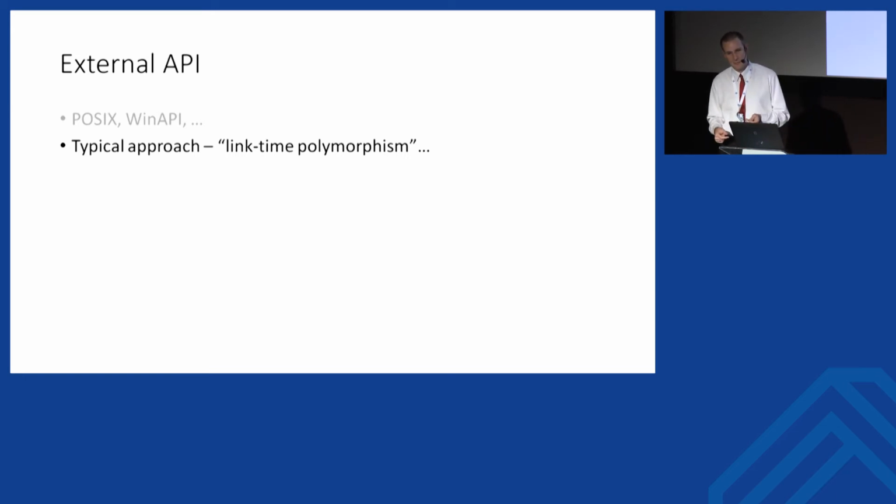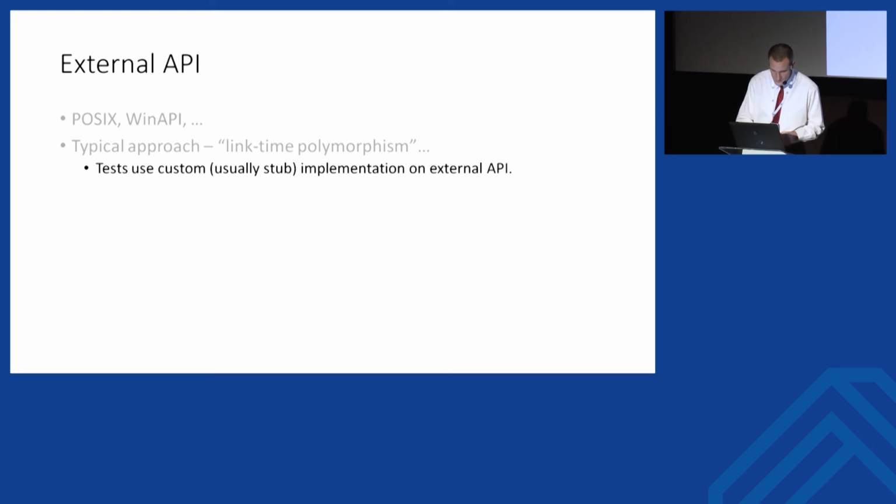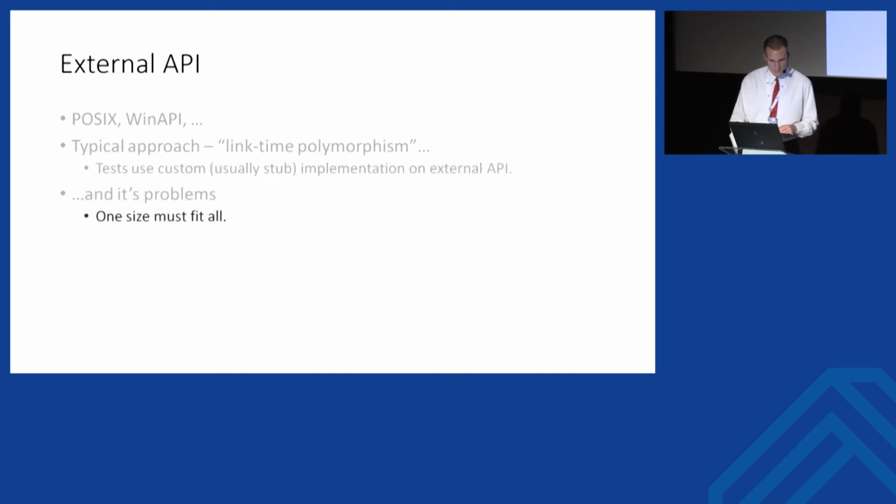You may even end up in situations where some parts of your program, especially if you are using dynamic libraries, use the mock or stub, and other parts use real objects, and the results might be quite surprising. And then again, there is the problem of one size must fit all, because even if you do it successfully, you still have one stub.